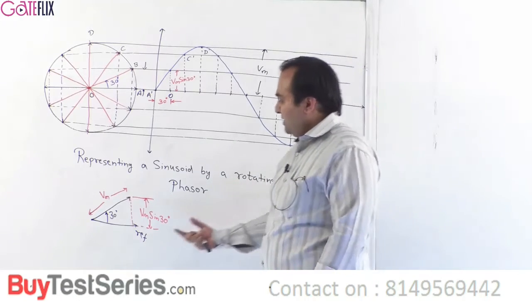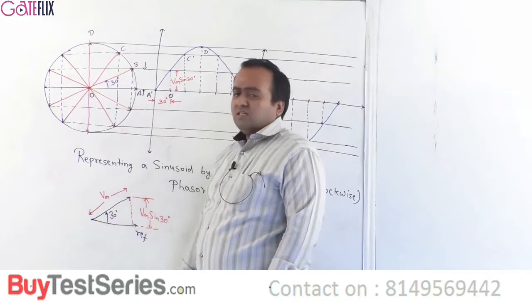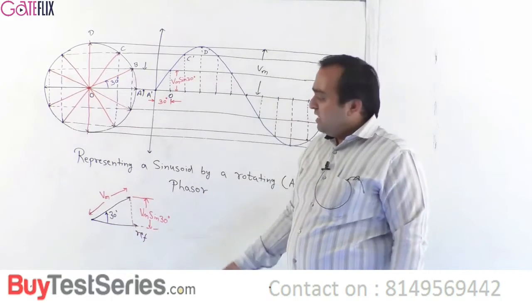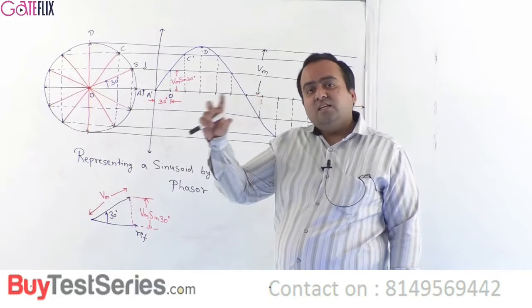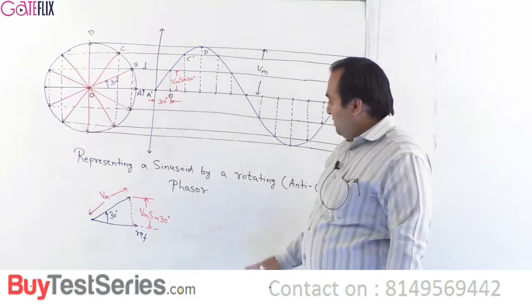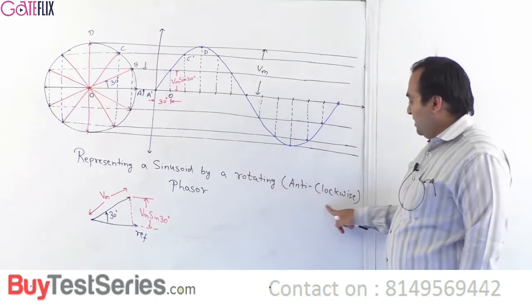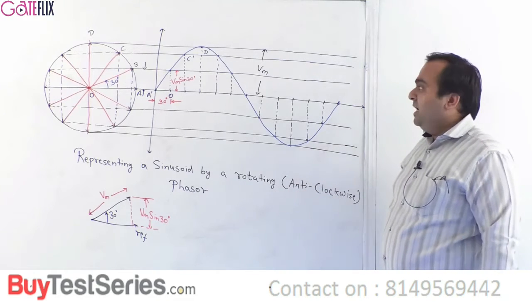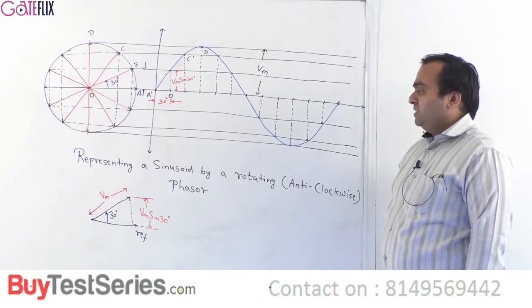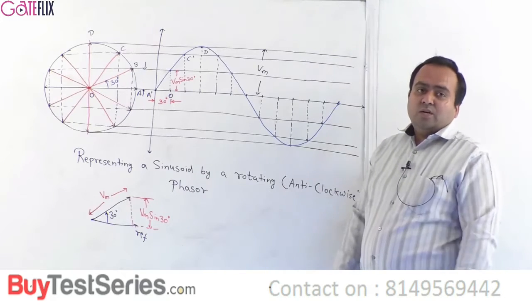Horizontal projection doesn't make any sense. This is the horizontal projection, Vm cos 30 degrees. It's of no use to us. But the vertical projection is always the instantaneous value of the phasor. We call this the anti-clockwise rotating phasor, and this is the reason why the anti-clockwise direction is called the positive direction of rotation.